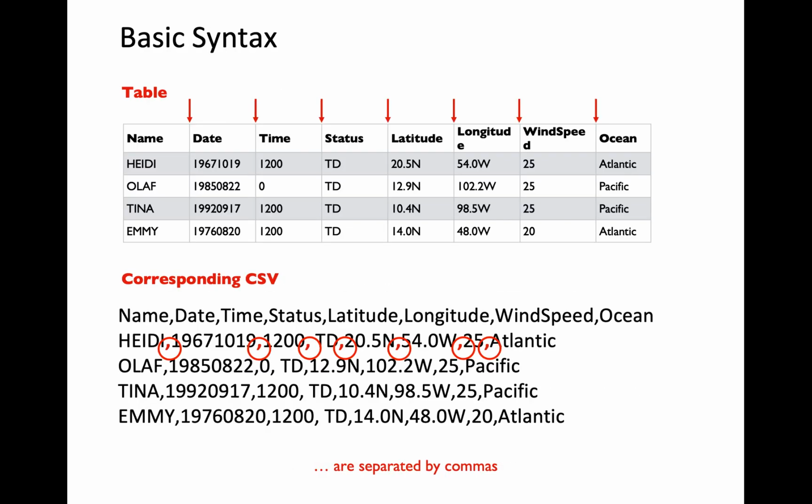Let's go back to the CSV file format so that you can compare the delimiters. As you can see, the first data row here, which contains the values is Heidi and few numbers. You're using comma to separate each of the cell values here. In order to separate the first row from the second row, you'll be using new line as the delimiter.